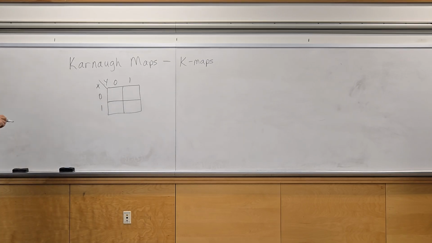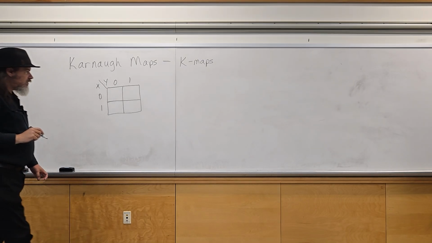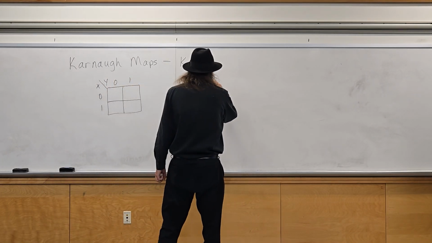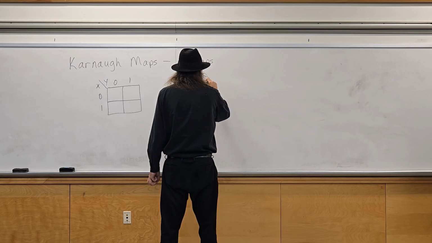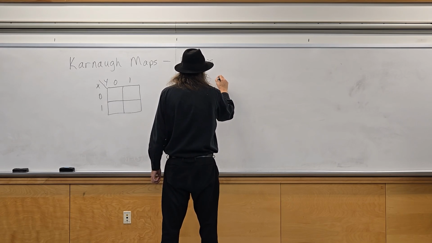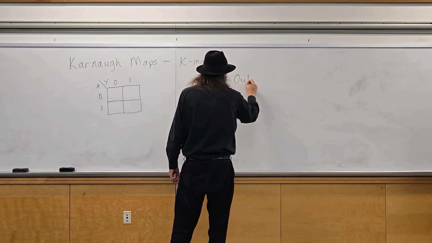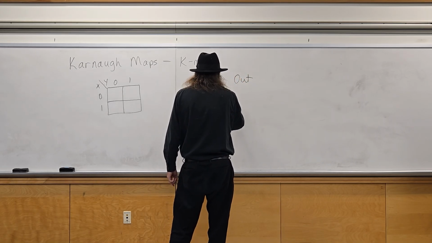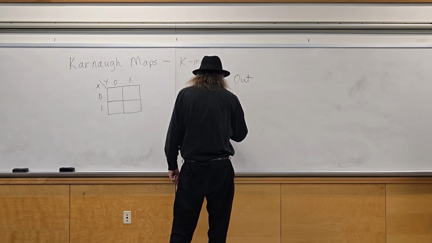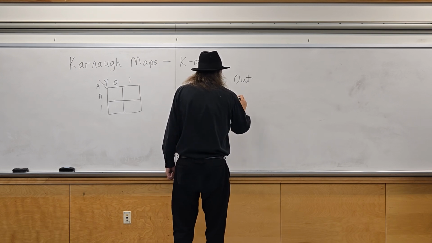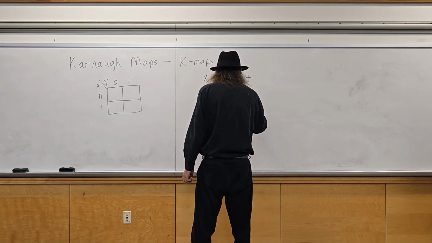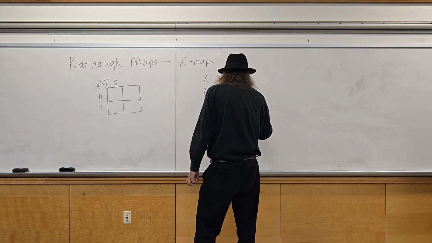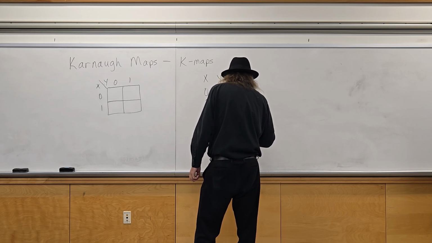Basically, what you do is you take a state table that you want to minimize. Let's say here X, Y, out, and you got 0, 0, and say you want to do 0, 0, 1, 0.